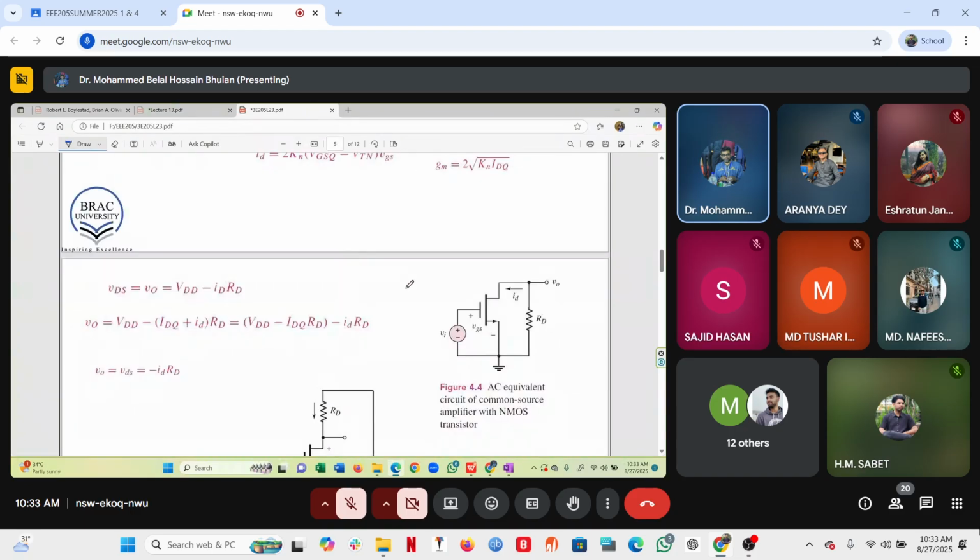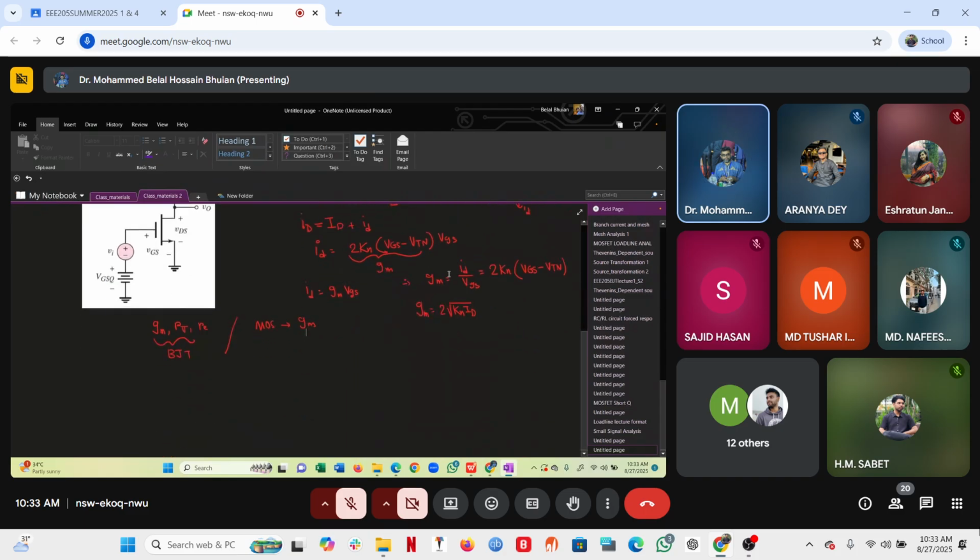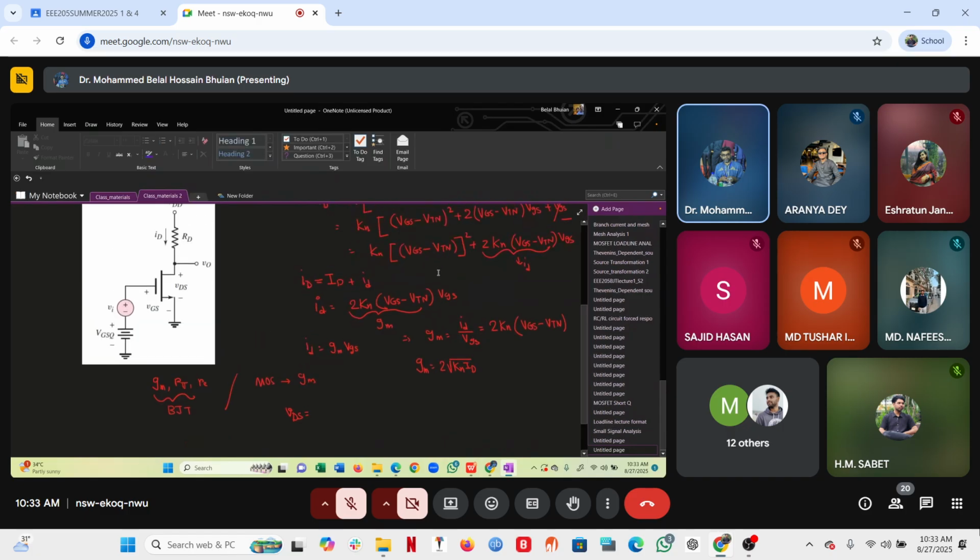Okay, then I want to determine VDS. What's VDS? The instantaneous VDS should be VDD minus instantaneous ID times RD.